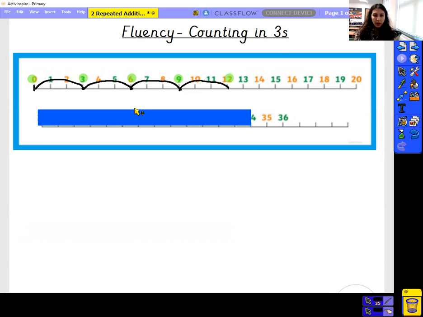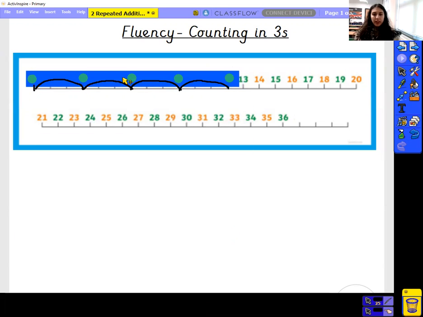What I'm going to do is cover that up again, and then we're going to practice saying that. So 0, 3, 6, 9, 12. We'll try that one more time. So 3, 2, 1, 0, 3, 6, 9, 12.